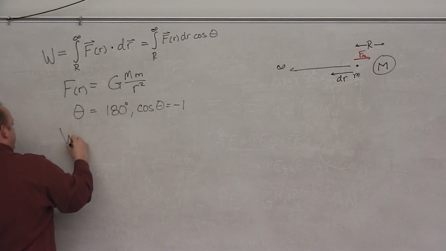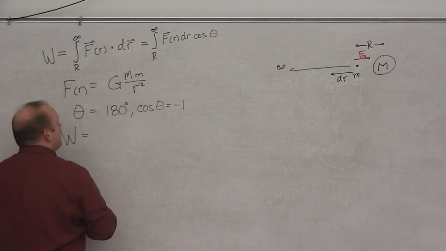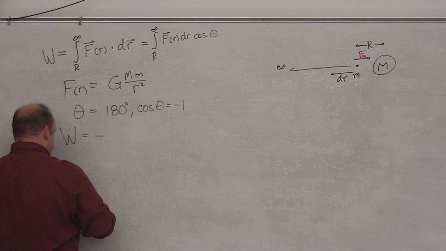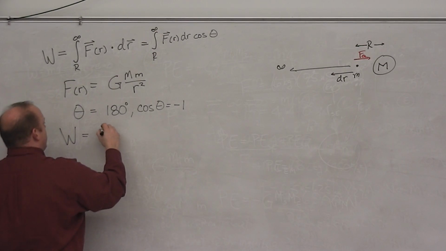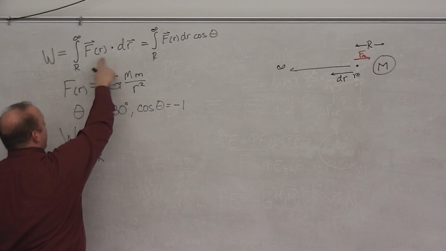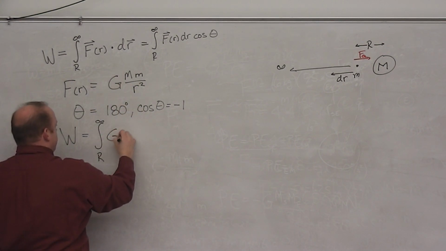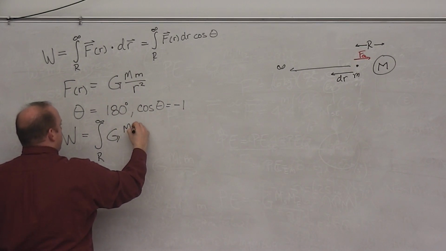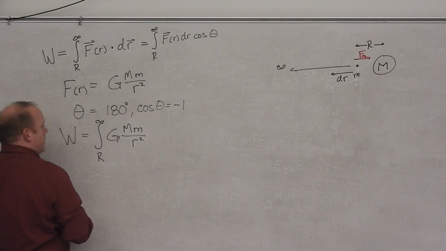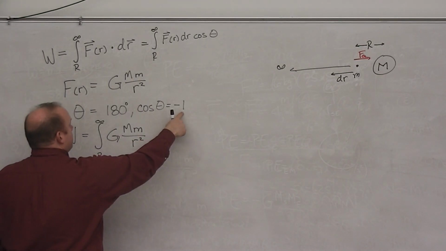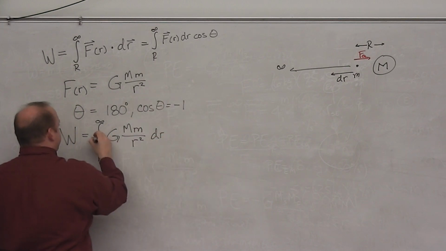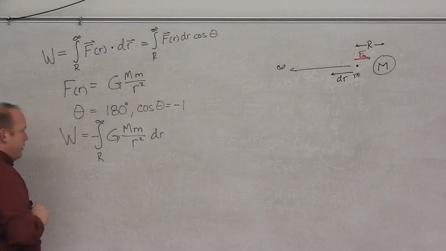So now the work that's required is equal to negative, keep it in the integral for now, the integral of F(r), which is G big M little m over r squared, dr, cosine theta is negative 1. I just put the negative out front here.